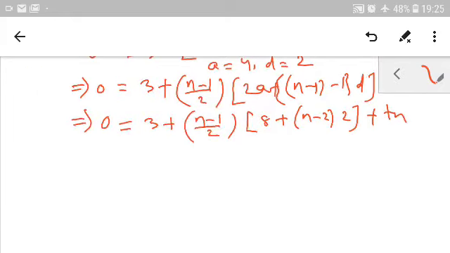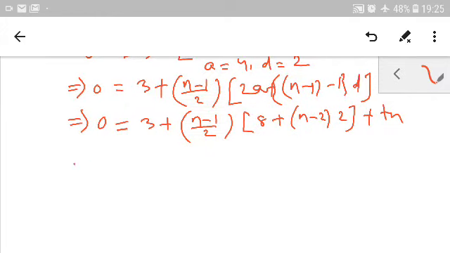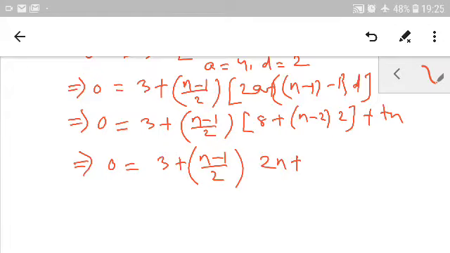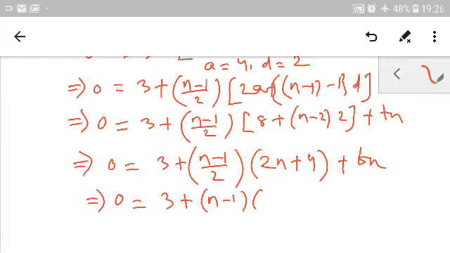Now what I get is 0 equals 3 plus (n minus 1) by 2 whole into 8 plus 2n minus 4. So 2n plus 4 will be the result, plus Tn. Now if I cancel 2 and 2, 0 equals 3 plus, this will be (n minus 1) into (n plus 2), plus Tn.